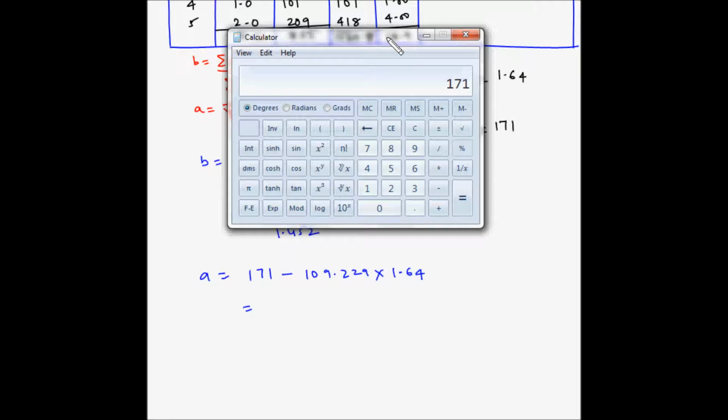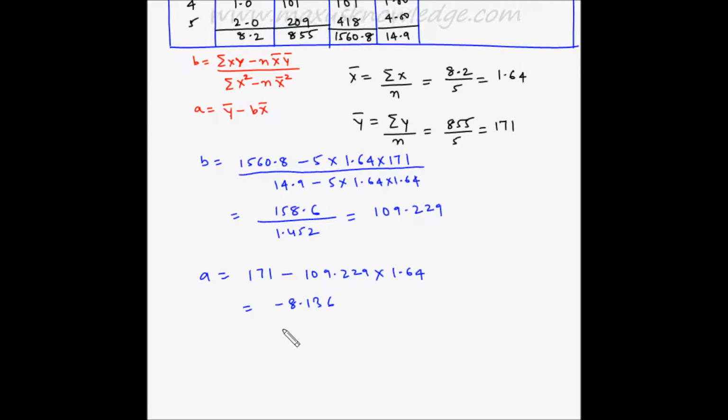So 171 minus 109.229 multiplied by 1.64, this is minus 8.13556. So let us round it to minus 8.136.